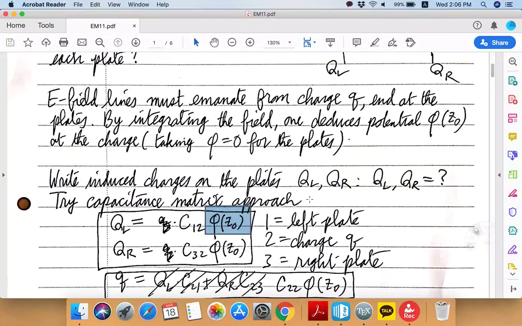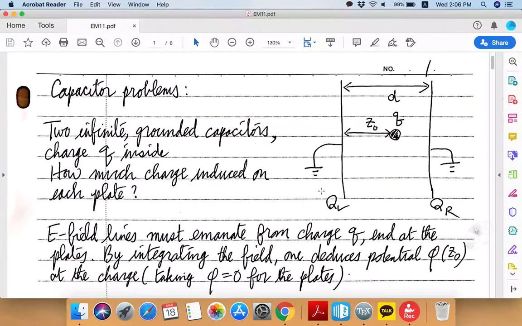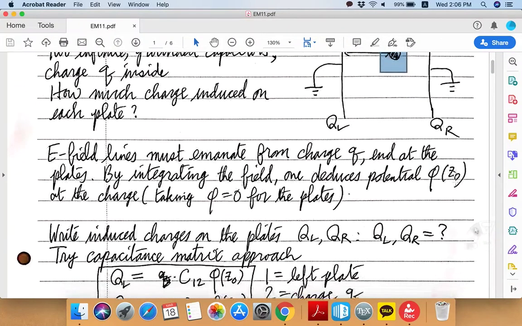Well, we have one conductor over here with the charge QL and potential zero. And then we have another metallic island over here with charge QR and potential 0. And we can certainly think of this as a small metallic sphere with charge little q and some potential phi.